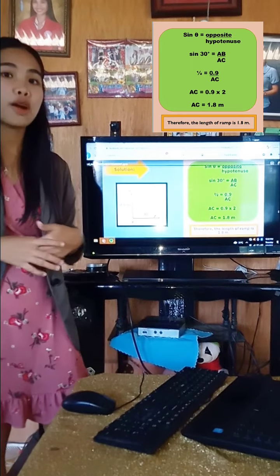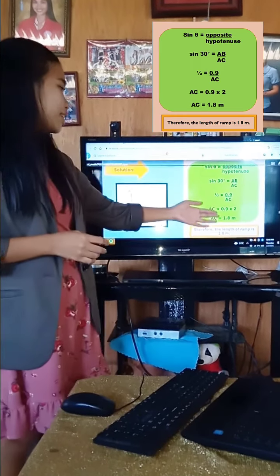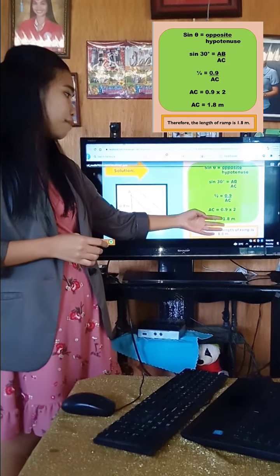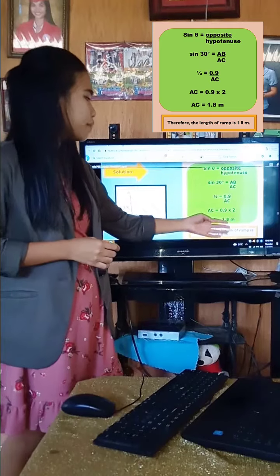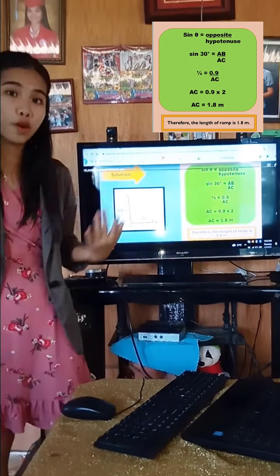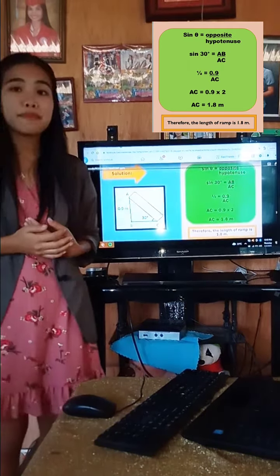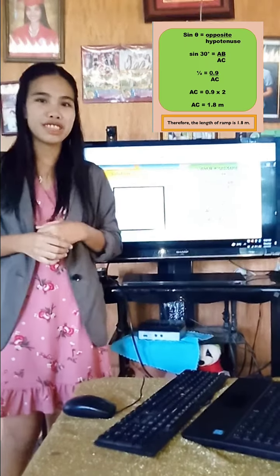So the value of side AC, or the length of our ramp for unloading the truck, is 1.8 meters. Therefore, the length of the ramp is 1.8 meters.